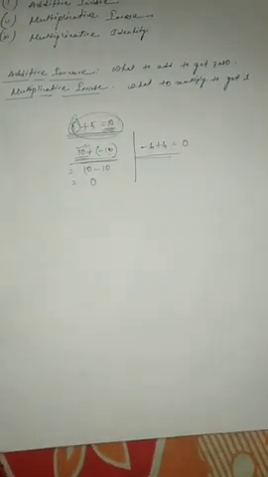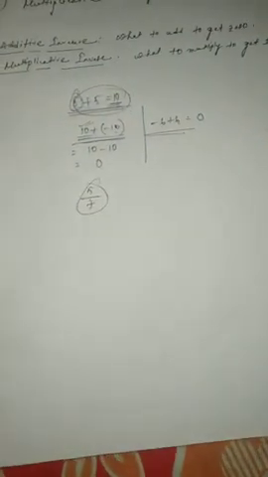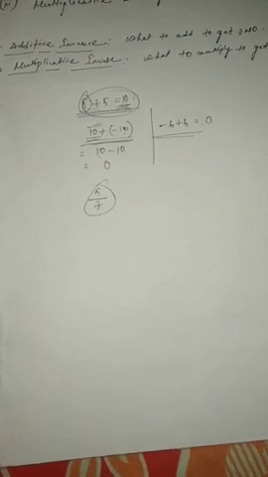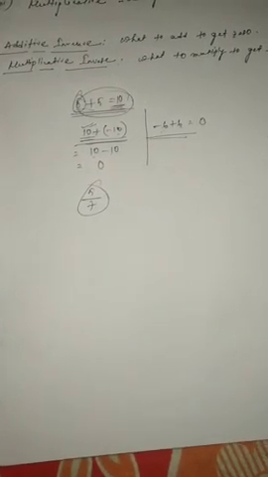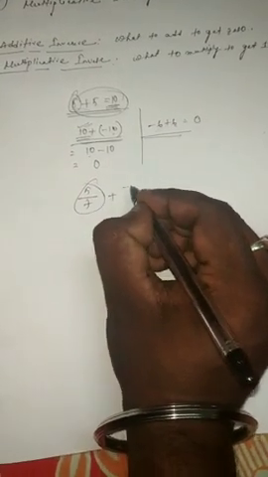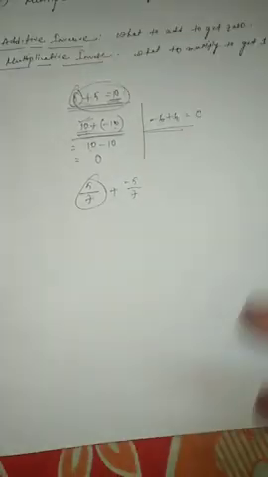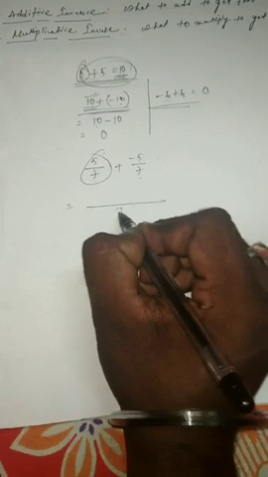What about rational numbers? For example, I would like to take 5 by 7. What is to be added with 5 by 7 in order to get 0? I have to imagine a number which I'll add with 5 by 7 and I must get 0. The number that comes to my mind is minus 5 by 7. Let's have a look. LCM of 7 and 7 is 7.